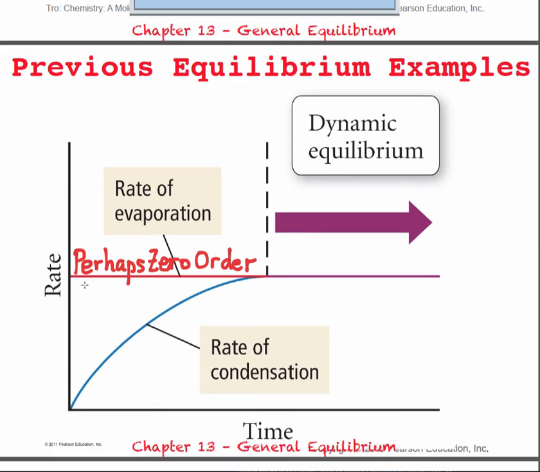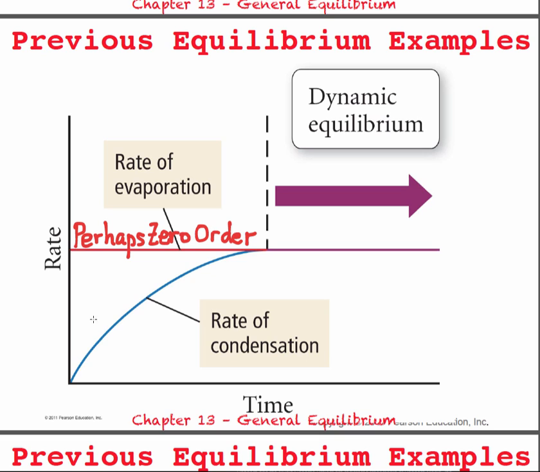In the beginning of this, if we were to graph the condensation and evaporation, it looks like the evaporation rate stays just about constant. Perhaps I might even call it zero order, not dependent on how much I have. As long as I have some liquid water there, it'll evaporate the same in the beginning and in the end of our time analysis.